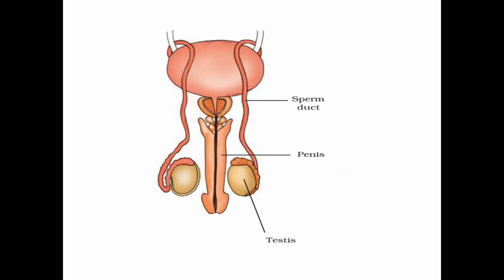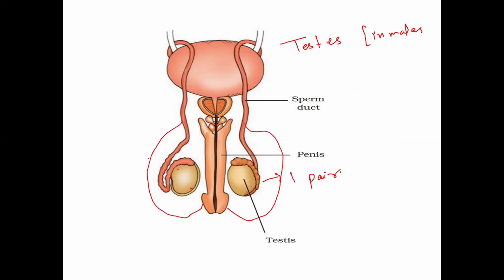Come to the next gland, which is the testes. It is found only in males, right? You see these are the testes, one pair of testes present in the male. These testes are located in a cavity called the scrotum. The hormone made by the testes is testosterone.